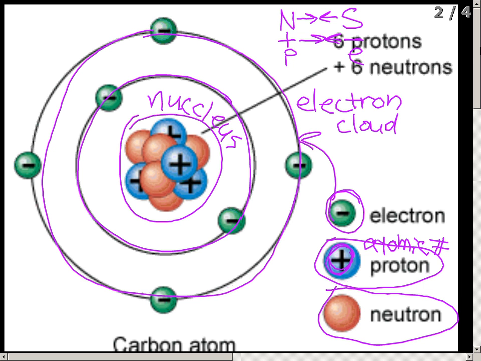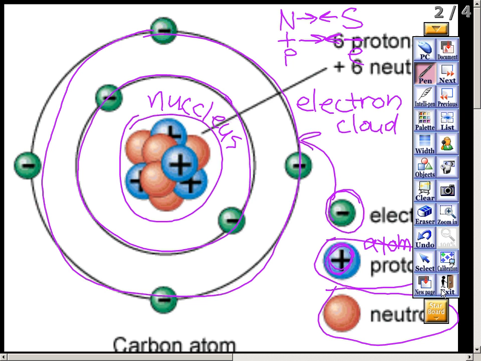Now, how do you determine the numbers of protons, neutrons, electrons? Well, there's a little mnemonic device to help you remember. It's called the APEMAN. So, APEMAN, A-P-E-M-A-N. The letter A in APEMAN stands for the atomic number of the element.